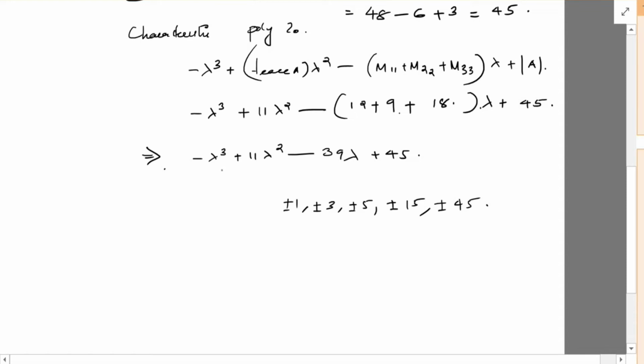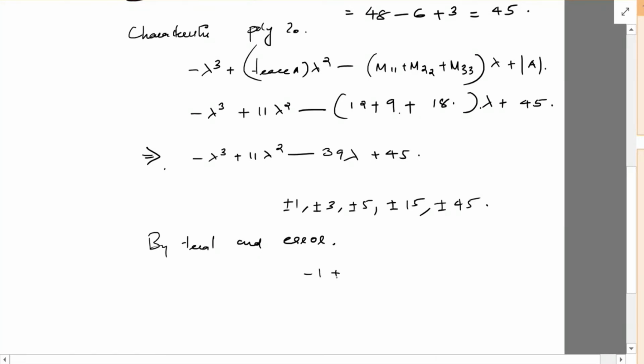So we'll start from 1, by trial and error. Substitute each of these divisors into the characteristic polynomial. Check whether it will become 0 or not. So by substituting 1, you can see it will be minus 1 plus 11 minus 39 plus 45, which is not equal to 0.